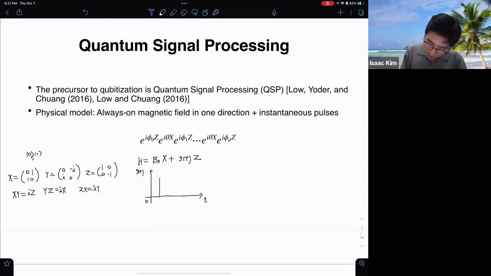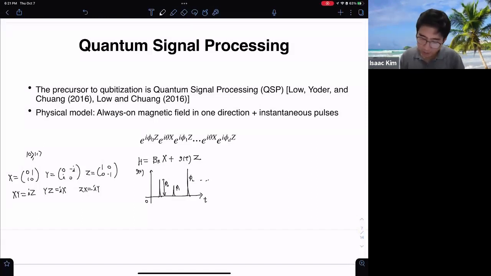With periodic intervals, you get little bumps, which are like delta functions, and their heights are proportional to phi 1, phi 2, and so on.